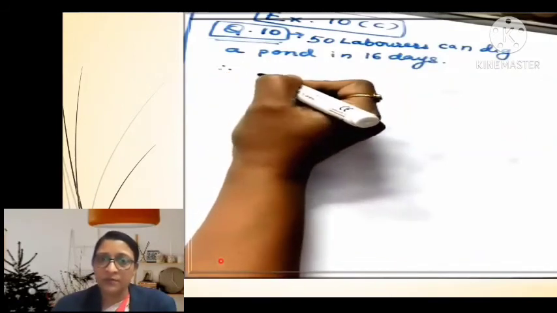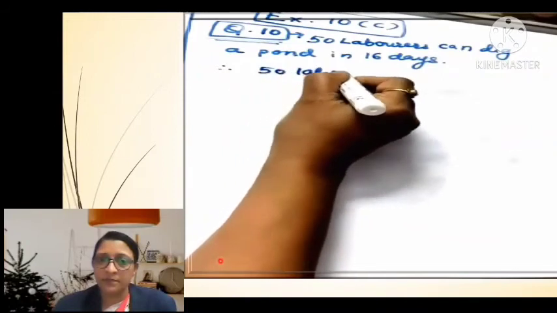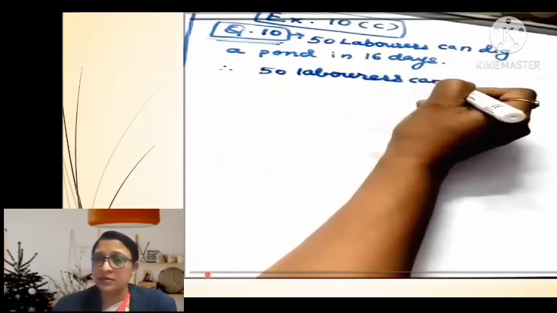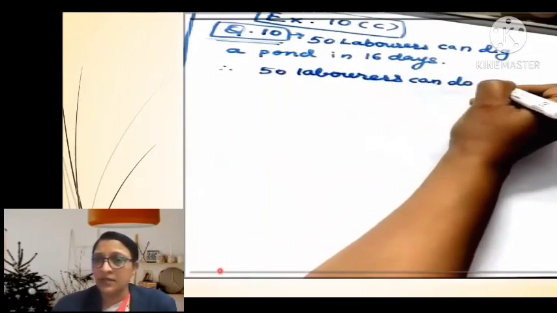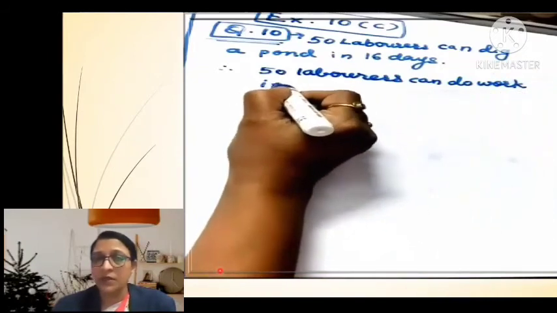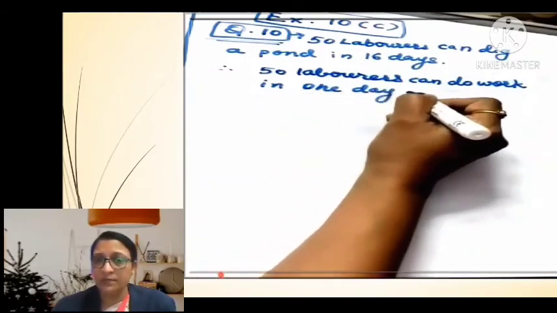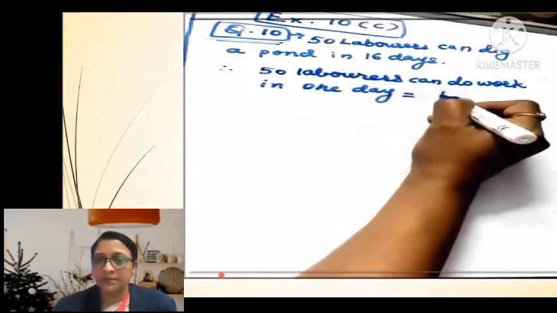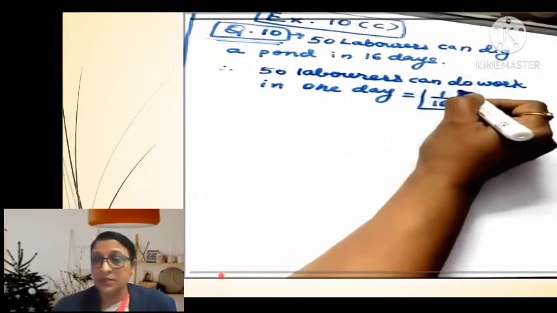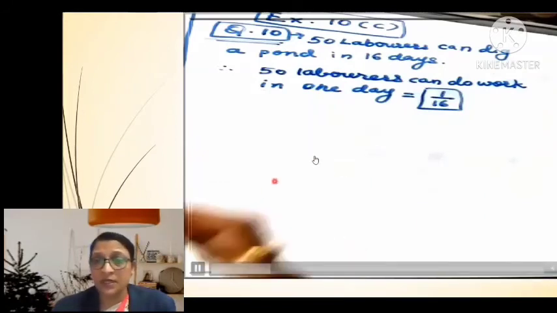So therefore, 50 laborers can do work in 1 day equal to 1 upon 16. This is the amount of work done by 50 laborers in 1 day.